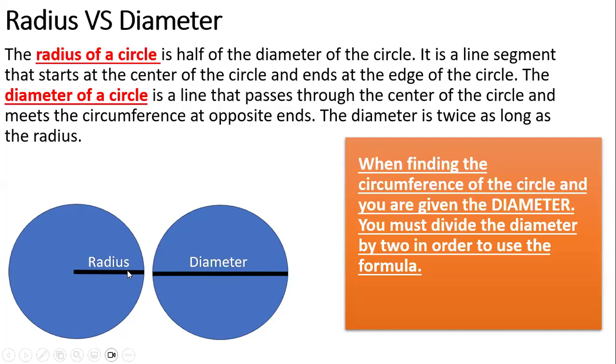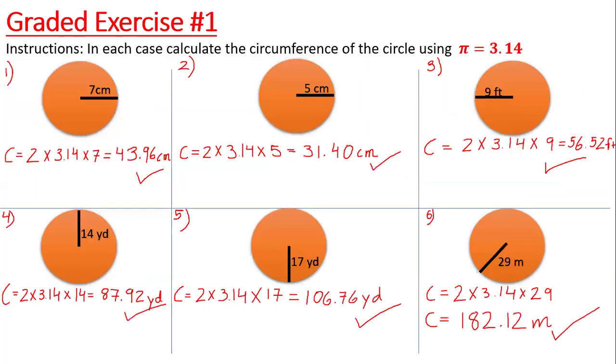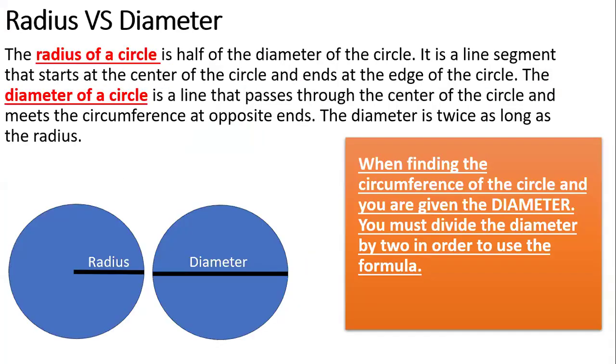So in all of our previous questions, we were given the radius, like the half. But for these questions, I'm not going to give you the radius. I'm not going to be that generous. I'm going to give you the diameter. How would you find the radius if I give you the diameter?